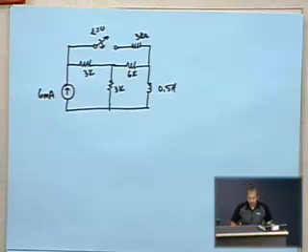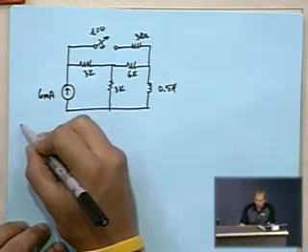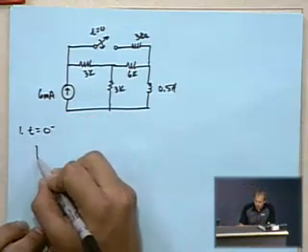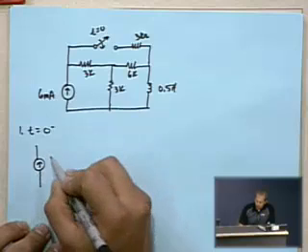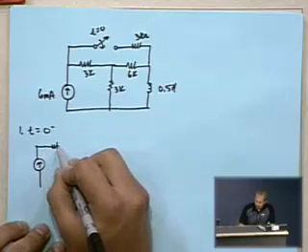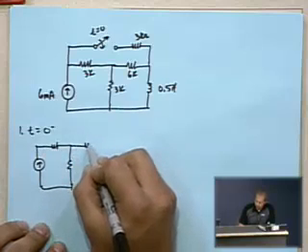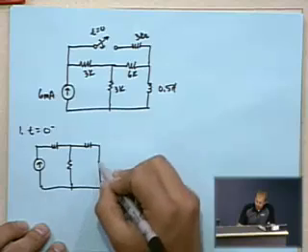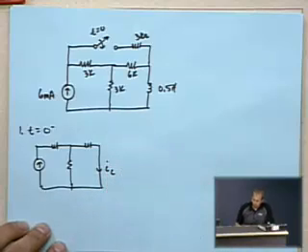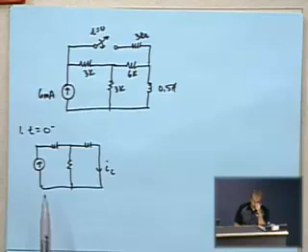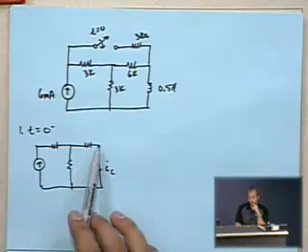First step is to take a look at what the circuit looks like at time equals 0 minus. I'm not going to put in all of the circuit components because it's really not a big deal here. It was designed to be as easy as possible. At time t equals 0 minus, you just have a current division to do. There's one current that divides between 2 parallel branches.